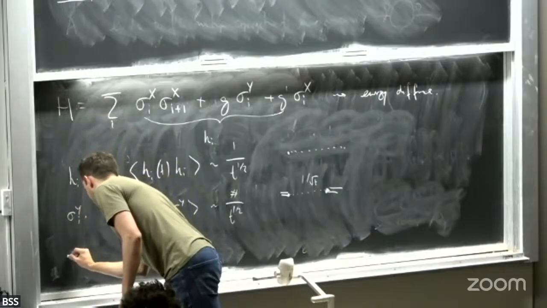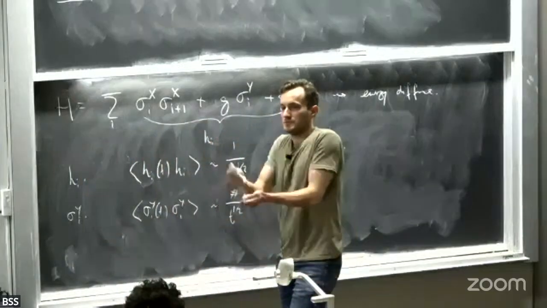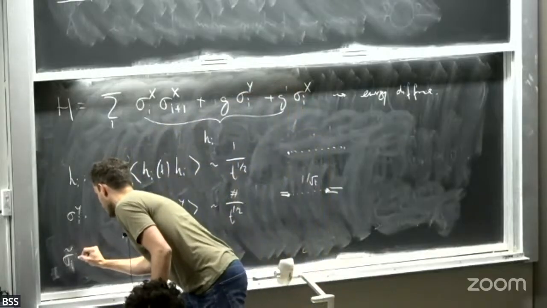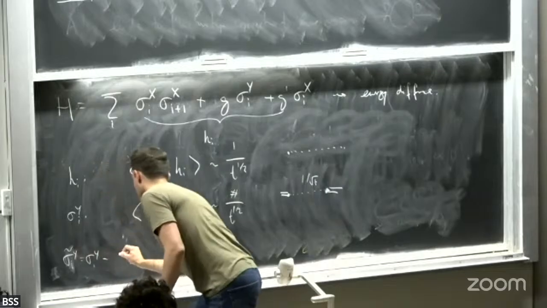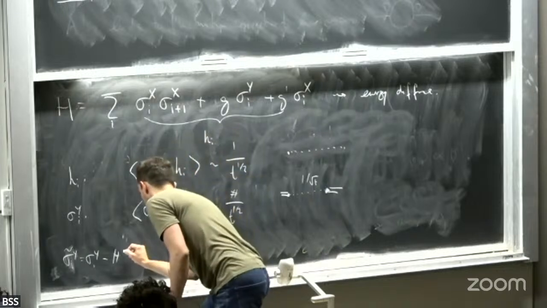One thing you might say is, well, this thing decayed polynomially because it overlapped with energy density. Let me just tune an operator that removes this overlap. I'll call it sigma y tilde, which is sigma y minus some number, roughly this number, times energy density.